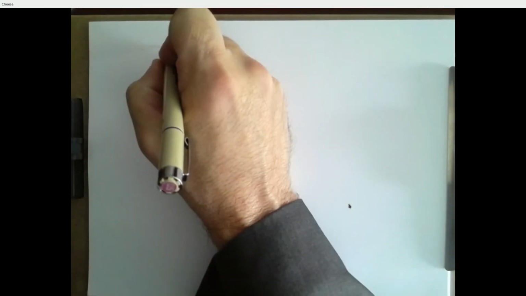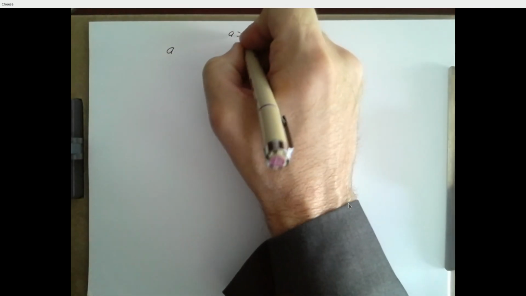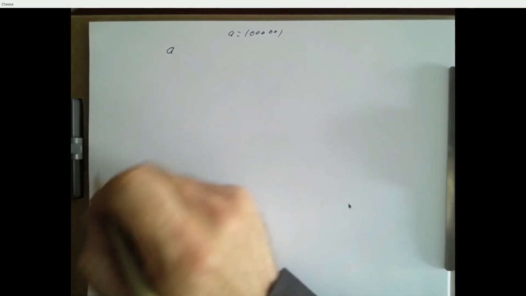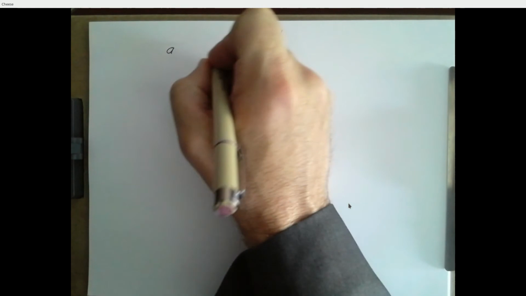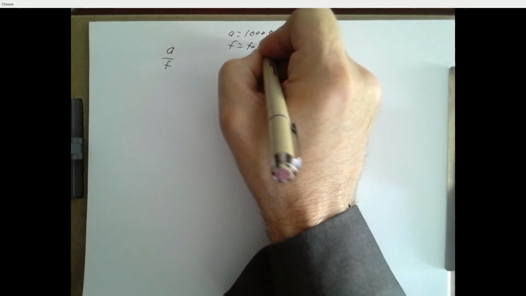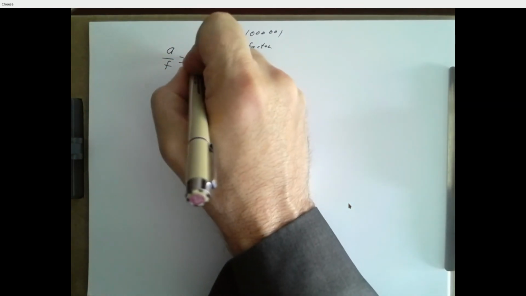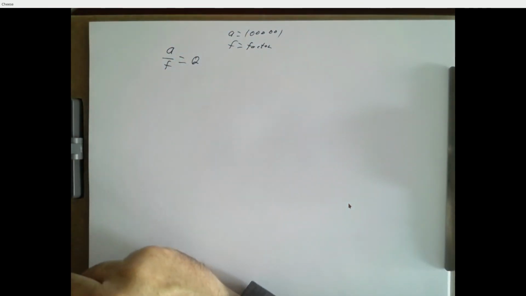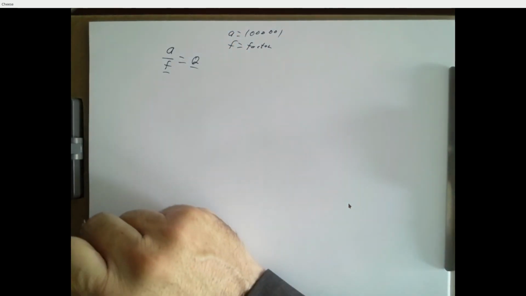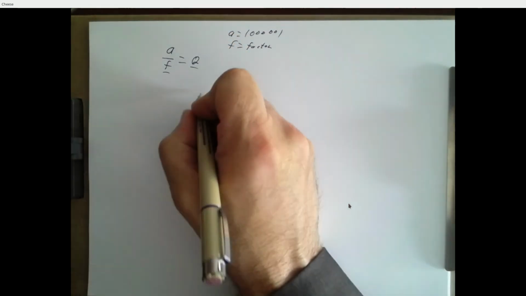So suppose we have some number A. That's the number we're testing. And suppose F is a factor. And so A divided by F is Q, whatever the quotient is. Okay, if this is an integer and this is an integer, do you agree with the following?